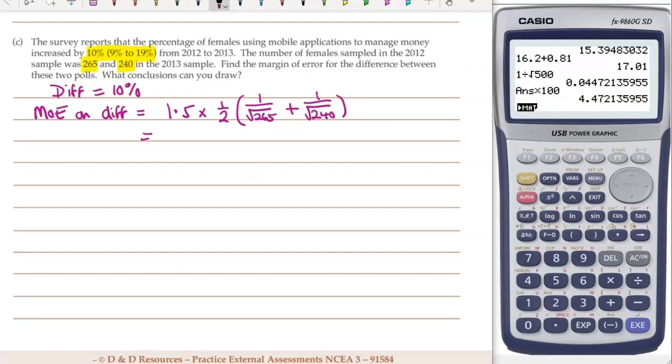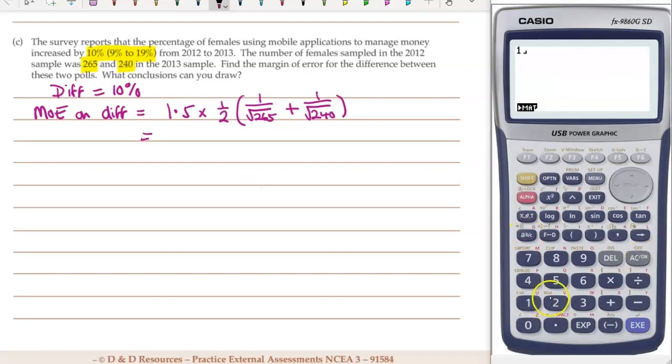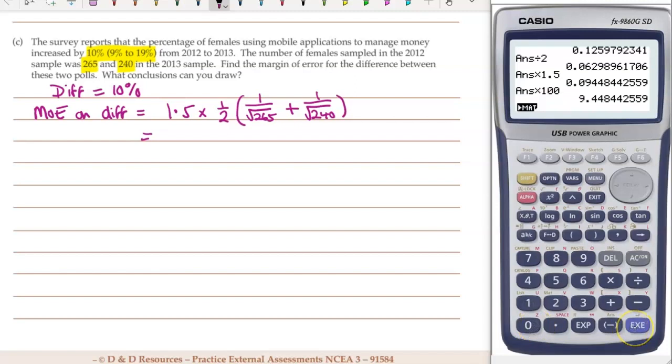Okay, so let's do that on the calculator. Oops, I forgot the square root. 1 divided by the square root of 265 plus 1 divided by the square root of 240. Divide that by 2, times it by 1.5. And then as a percentage, that's going to be plus or minus 9.4%.